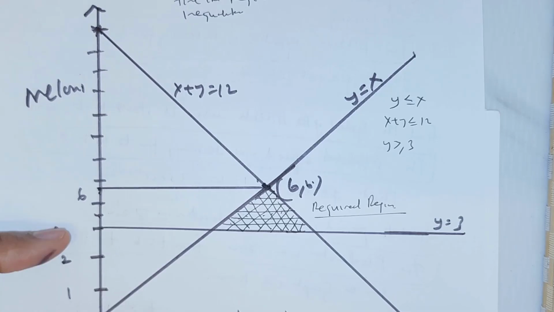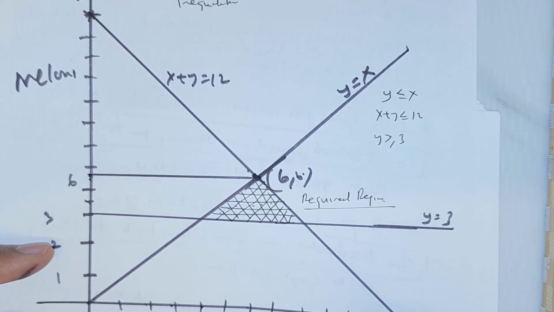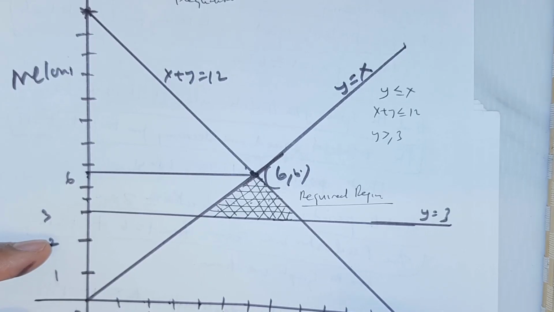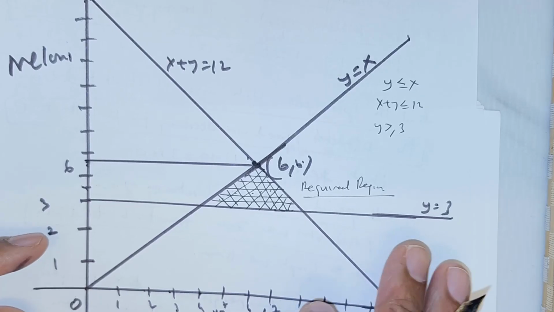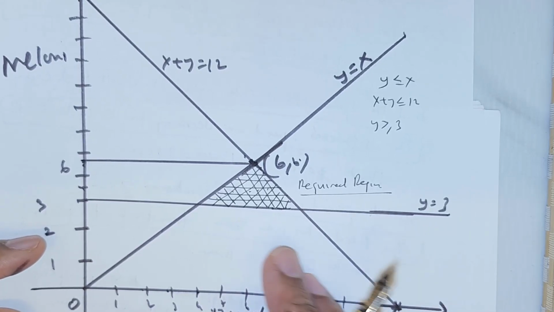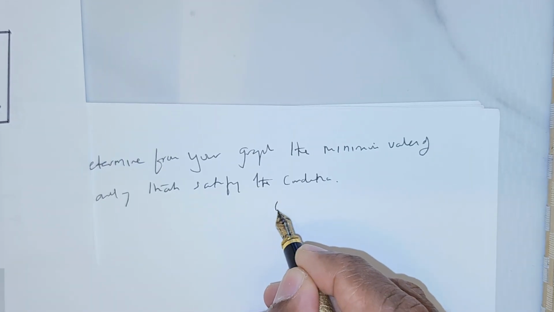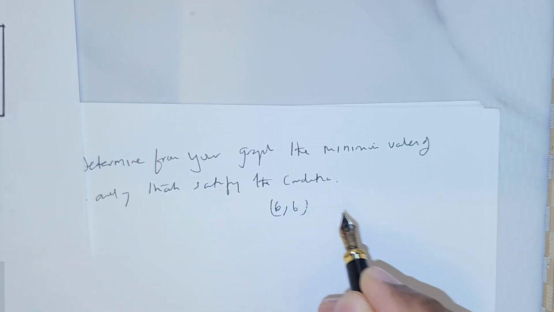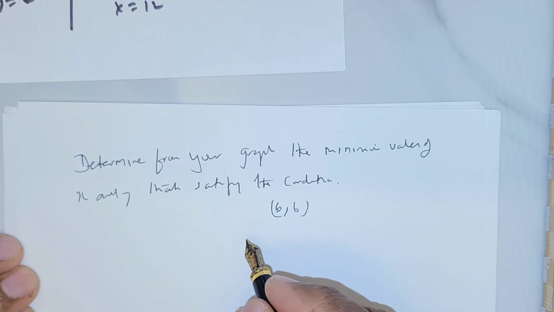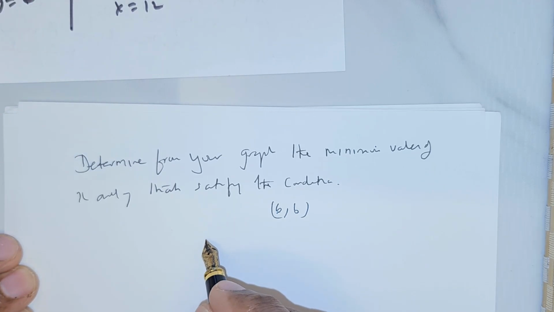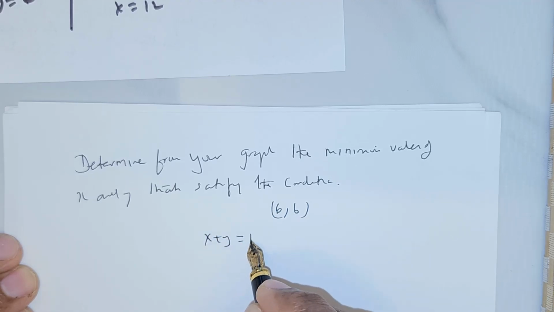So foremost, we will have to get the points. Okay, we will have to get the points of intersection. Now, we can easily obtain the point of intersection. One point is 6, 6. Okay, one point is 6, 6. To get the next point, what I'm going to do is, this is the region, x plus y is equal to 12.